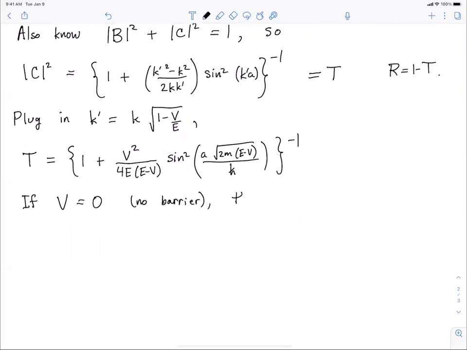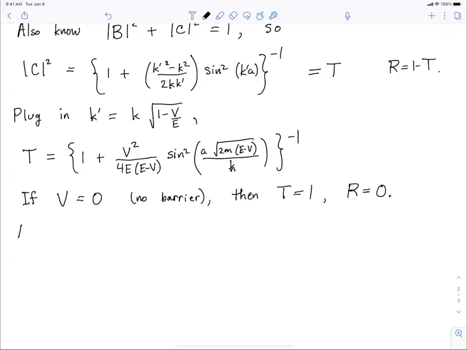And so in that case, if I plug into that t, I indeed get the whole wave is transmitted. There's no barrier to do anything to it. And so the only thing it can do is get transmitted, and the reflection coefficient will be 0. So that's one way of getting a perfect transmission, but it's not the only way to get a perfect transmission.